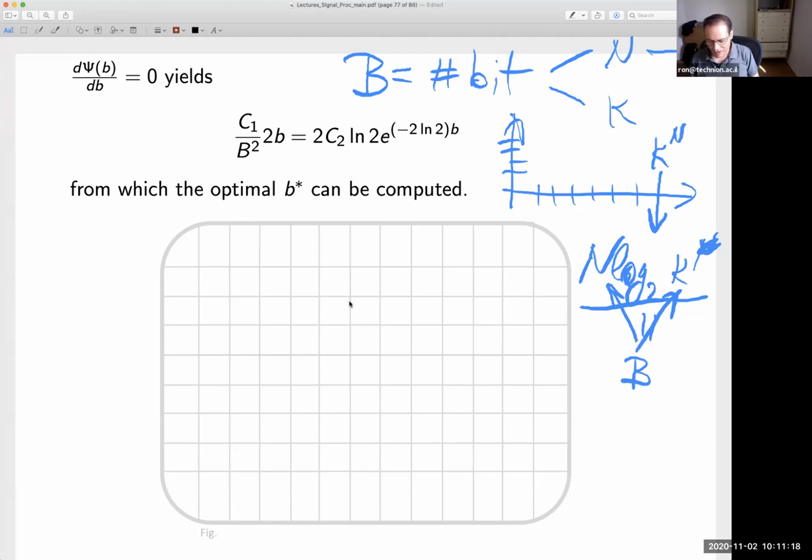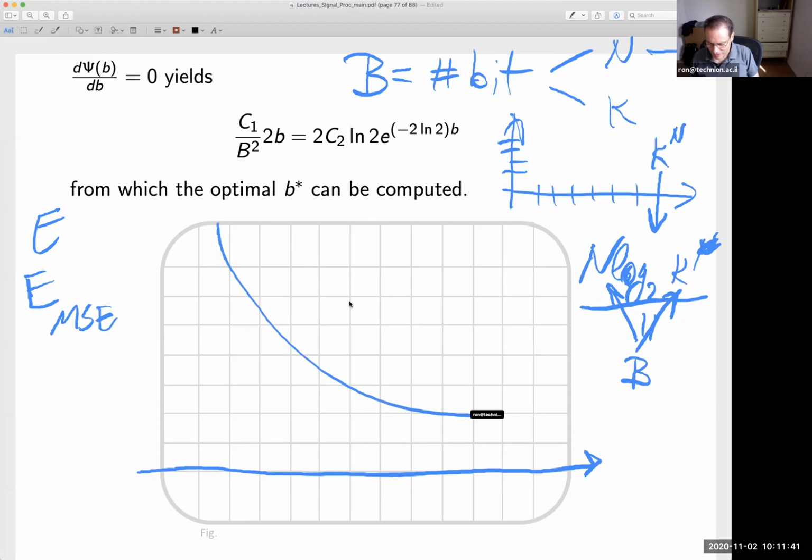First of all, define the MSE. So the MSE error is defined somehow. And at the end of the day, what you're getting is that in order to optimize your MSE, what you need to do is ask where these two functions collide.